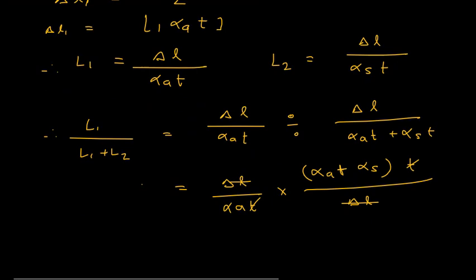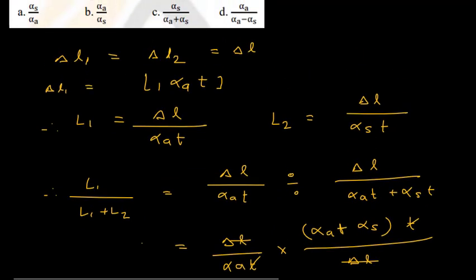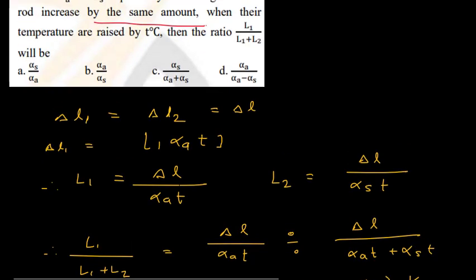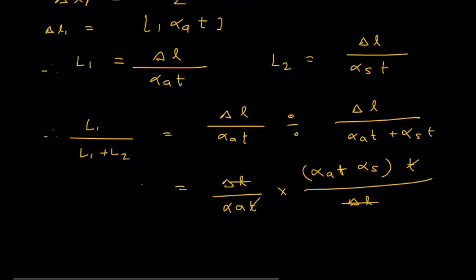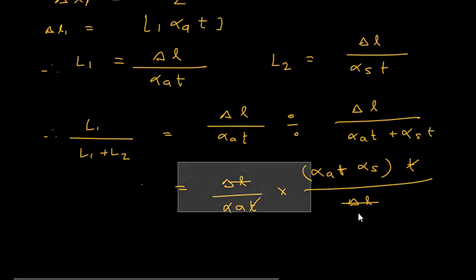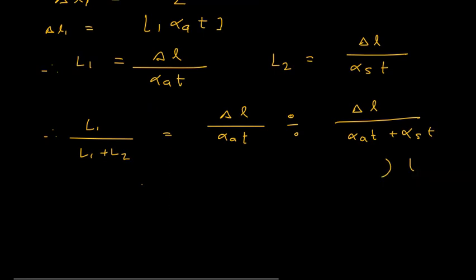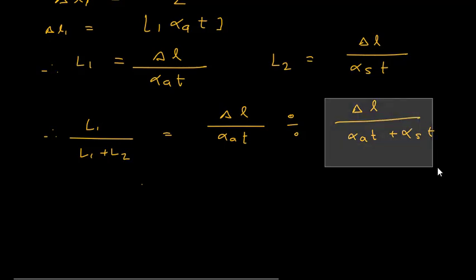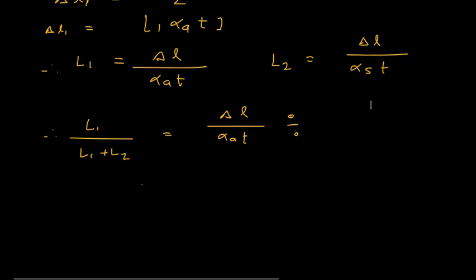L1 upon L1 plus L2, when we take the reciprocal, okay, got it. The value of L1 plus L2 we were writing wrong. What should we write? It is divided by L1 plus L2.